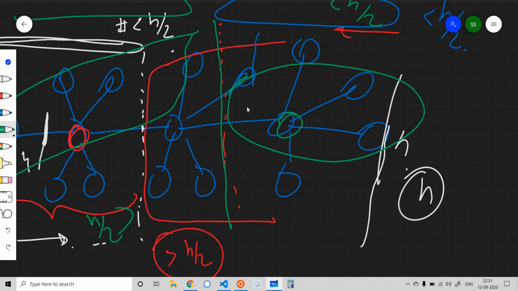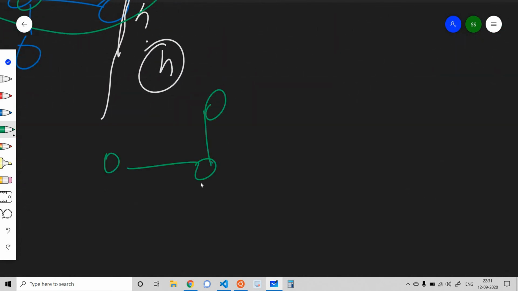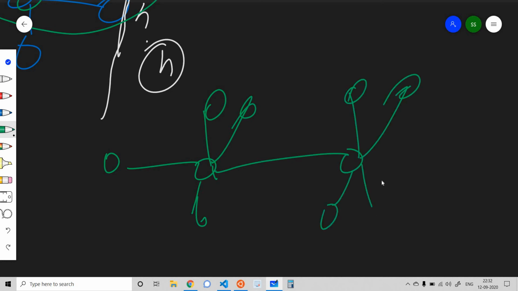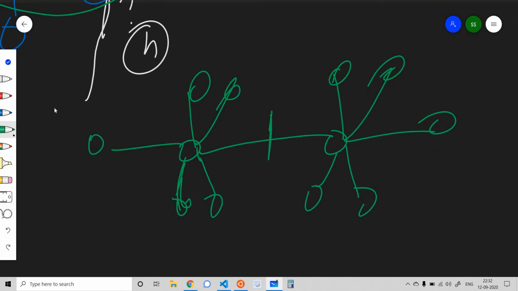Okay, so if we keep on going in our tree, my intuition was that there can only be one point where the number of nodes here is less than n by 2, and after reaching this point, suppose we have a node here, the number of nodes will become greater than n by 2.